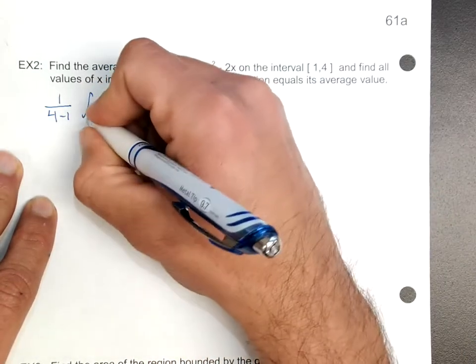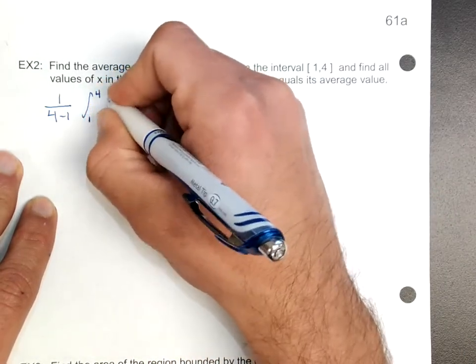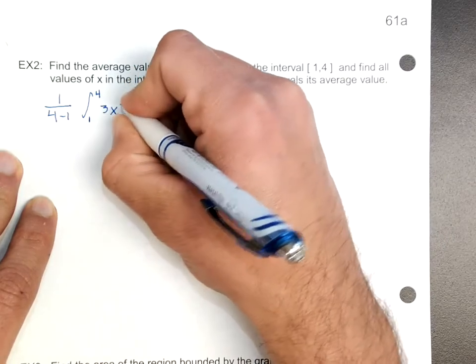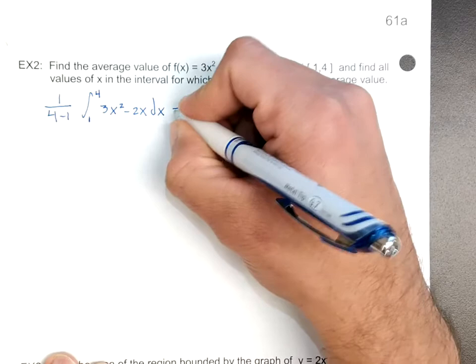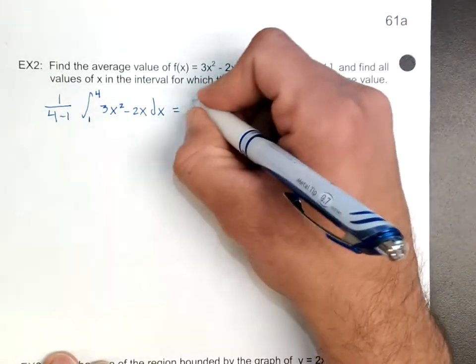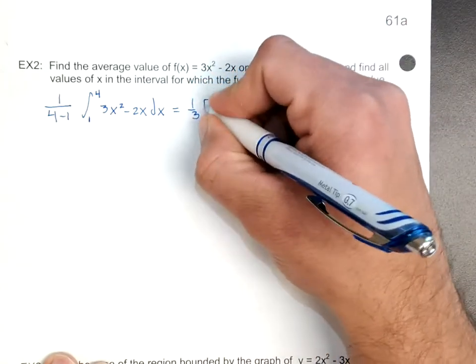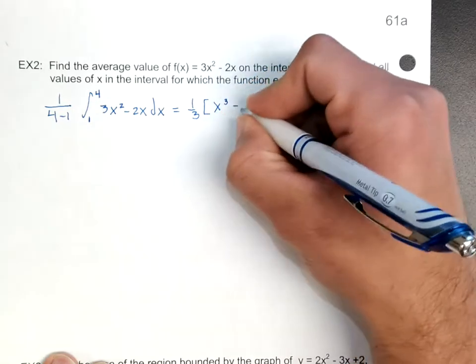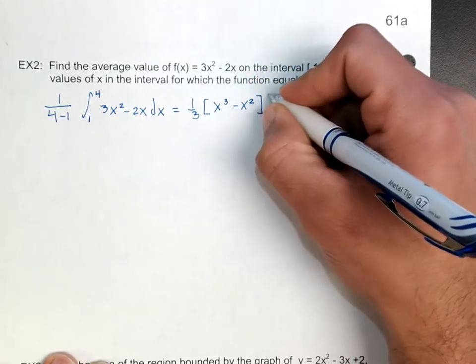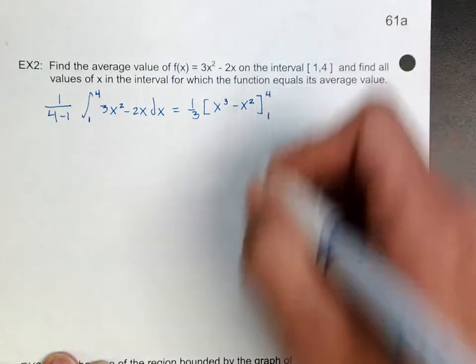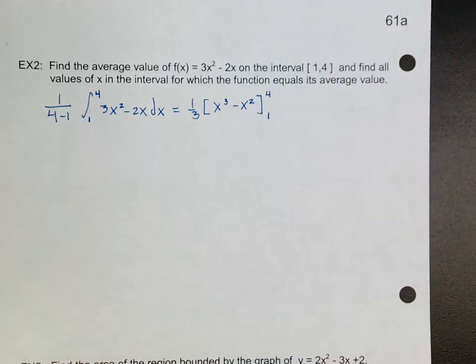You're going to take the integral between 1 and 4 of 3x squared minus 2x dx. So it's going to be 1/3, x cubed minus x squared. I took the integral just now. We're going to evaluate it at 1 and 4.